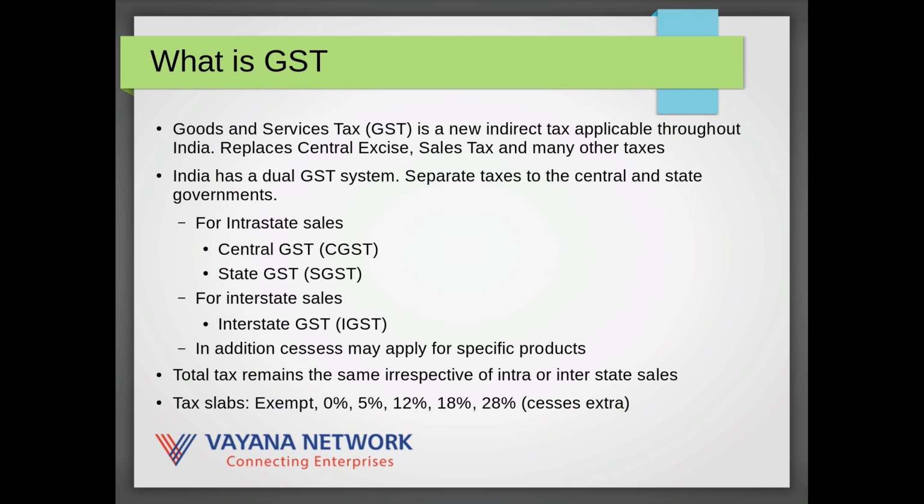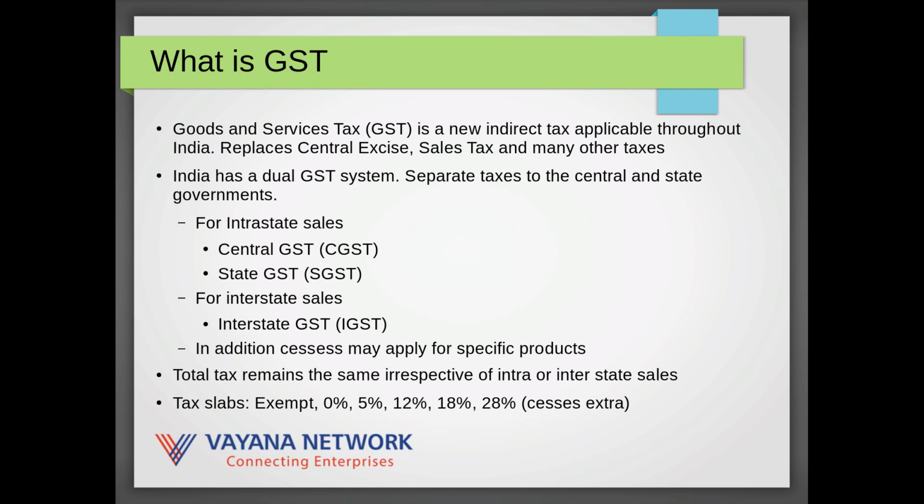So what is GST? It is Goods and Services Tax, which is a new indirect tax now applicable throughout India. It replaces the existing indirect taxation scheme, which included central excise, sales tax and a very large number of other taxes. India has a dual GST system, which means we pay separate taxes to the central and the state governments.